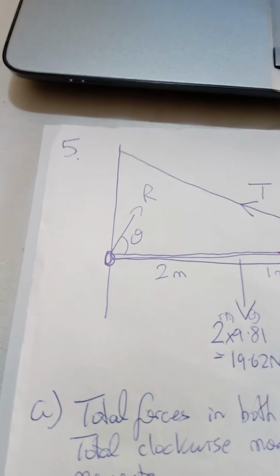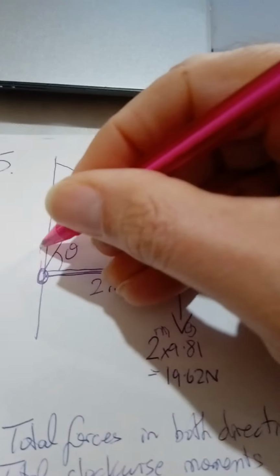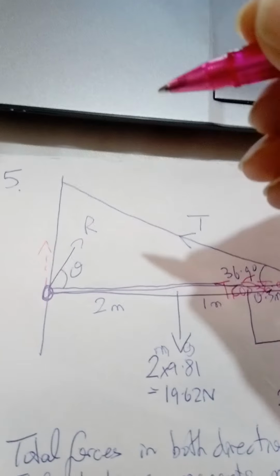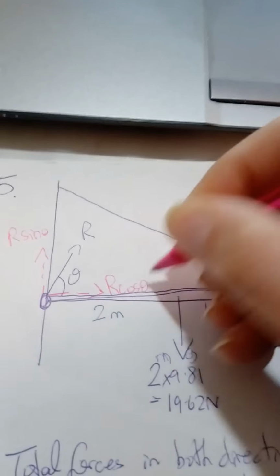This is the reaction at the wall. Also, I will need its components at one point in the problem, so I'll write down R sine theta, and here R cos theta.